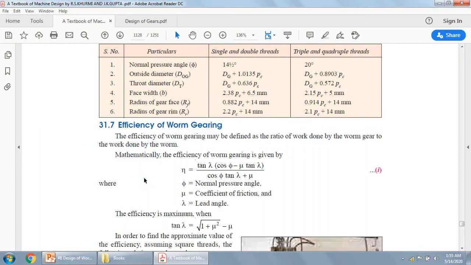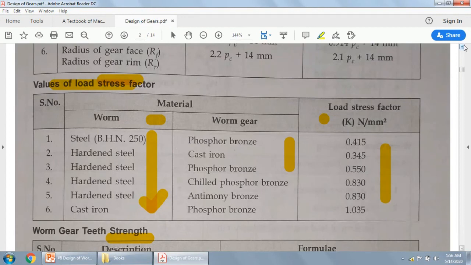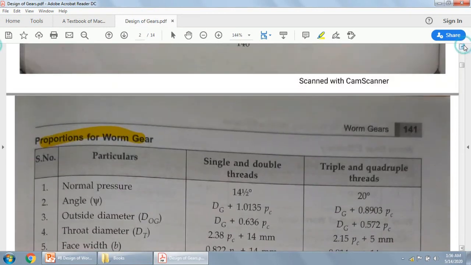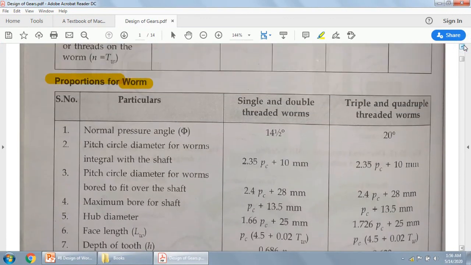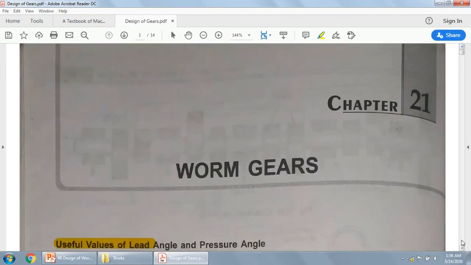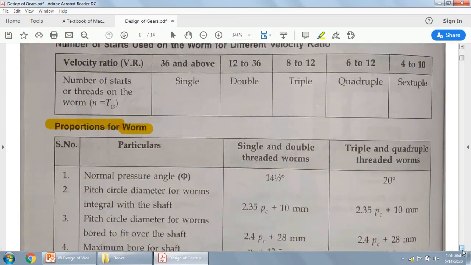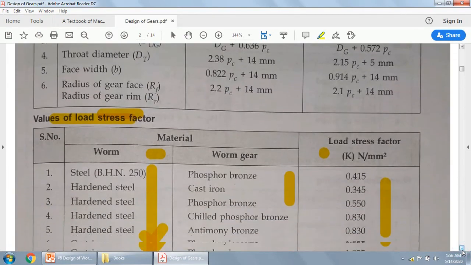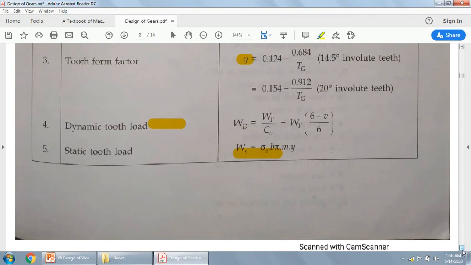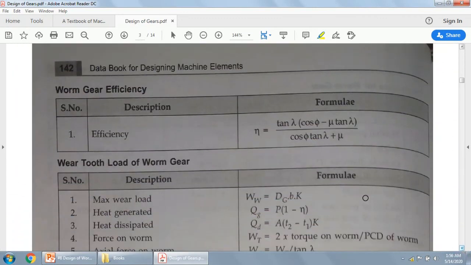This relation is also given in your design of gears book. So the efficiency is equal to this relation, and we may calculate according to this.